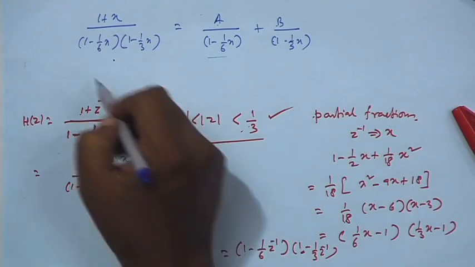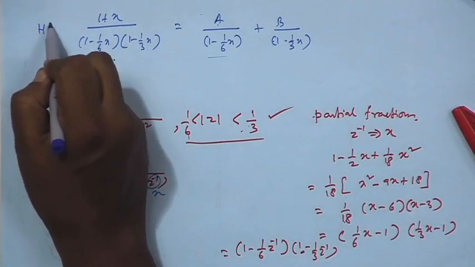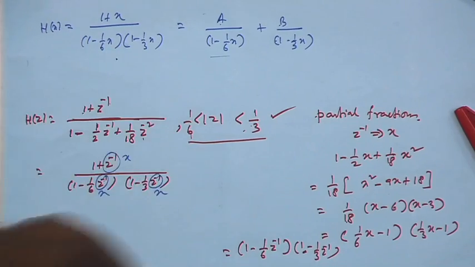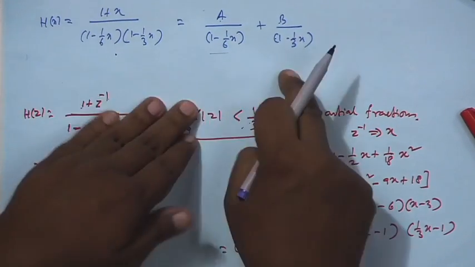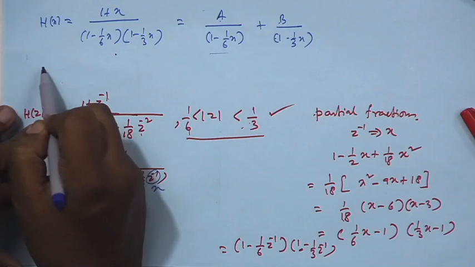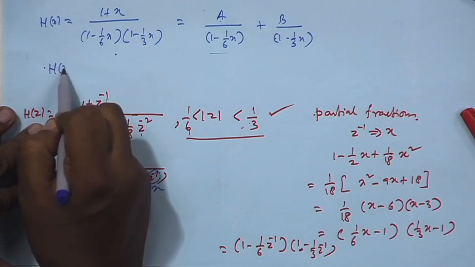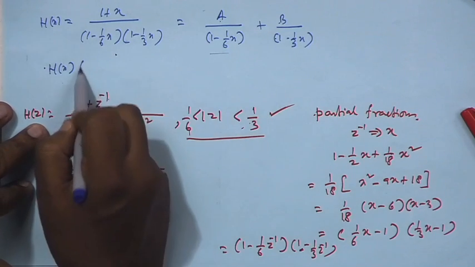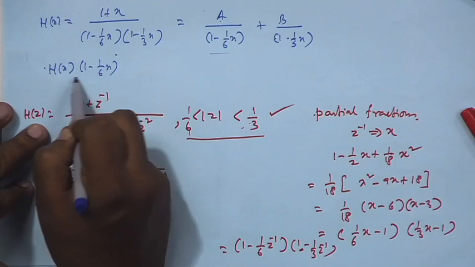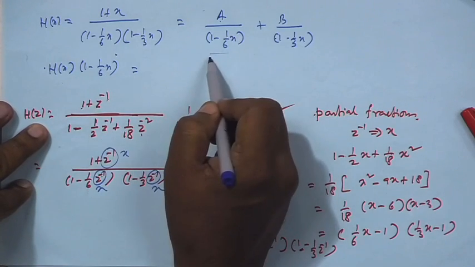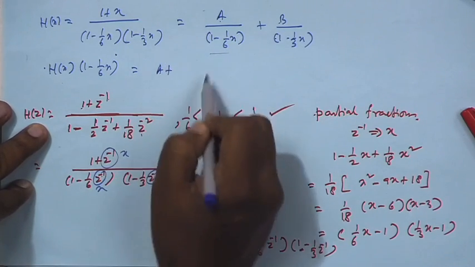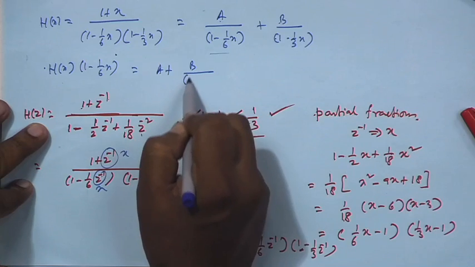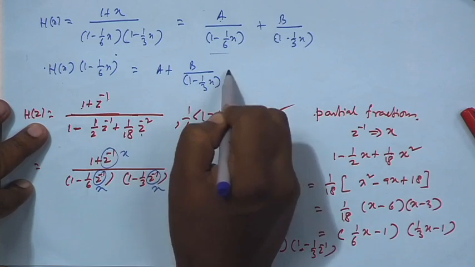To obtain a, this is your H(x), right. You multiply the left hand side and the right hand side by the factor 1 minus 6x. On the right hand side this cancels, and I get a plus b into (1 minus 6x) divided by (1 minus 1/3 x).